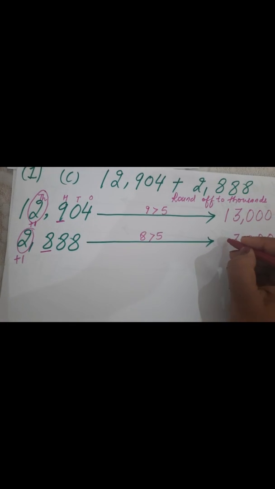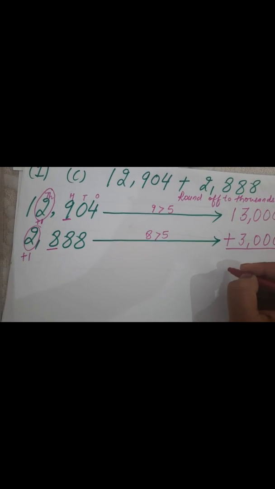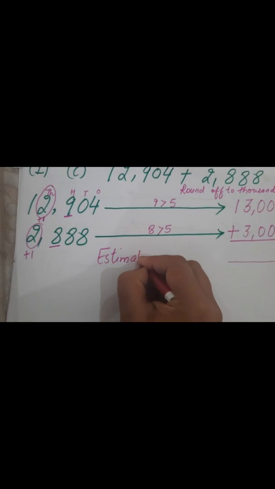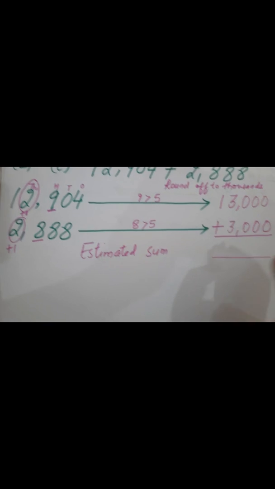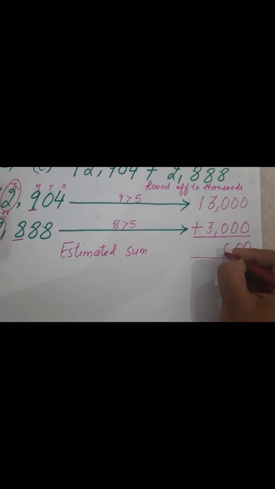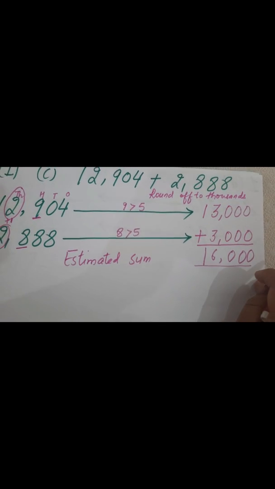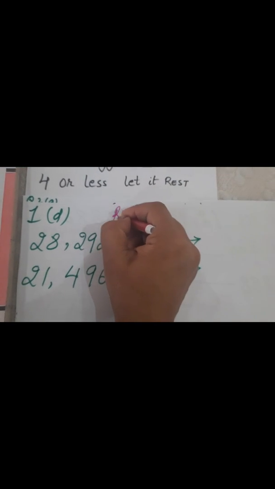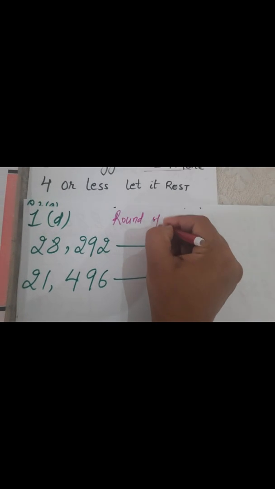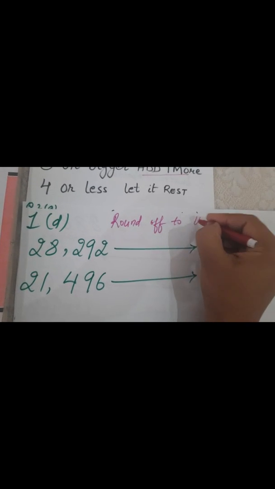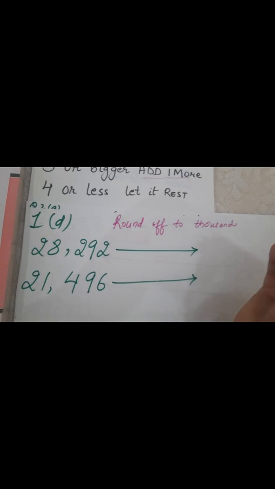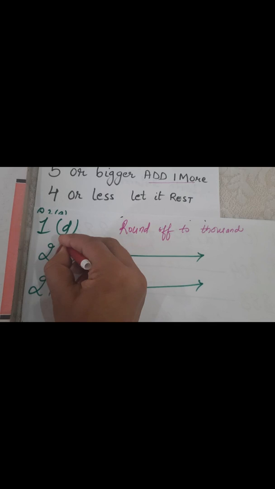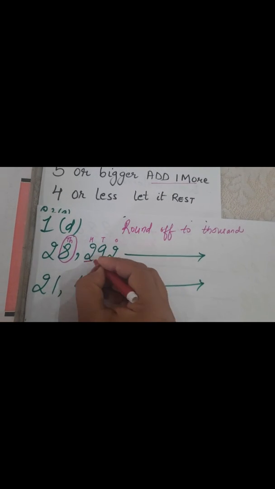Now you have plus, write plus, and if I am adding, I will write estimated sum, and it equals 16,000. So this is the estimated sum. Now D part, again I am rounding off to the nearest 1000. So this is ones, tens, hundreds, thousands. Again you have to circle it, underline to the right.